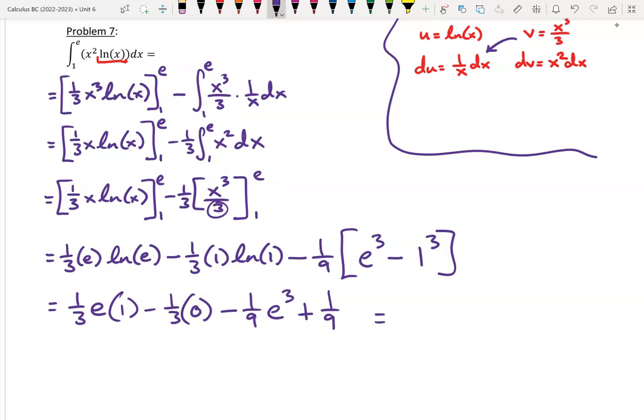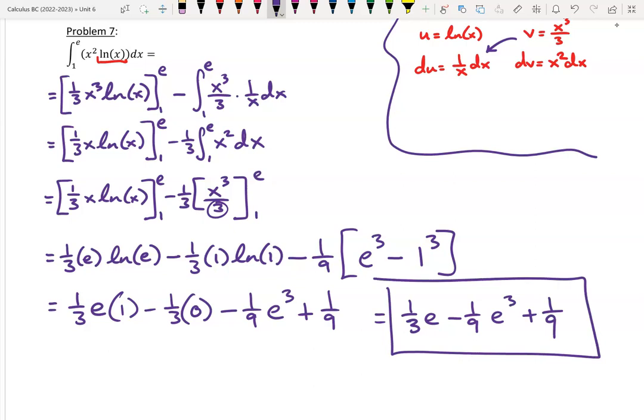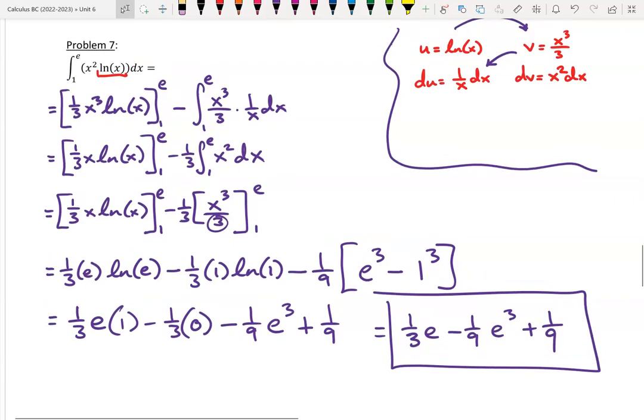So final answer: 1/3 e minus 1/9 e cubed plus 1/9, and we have our value. All right.